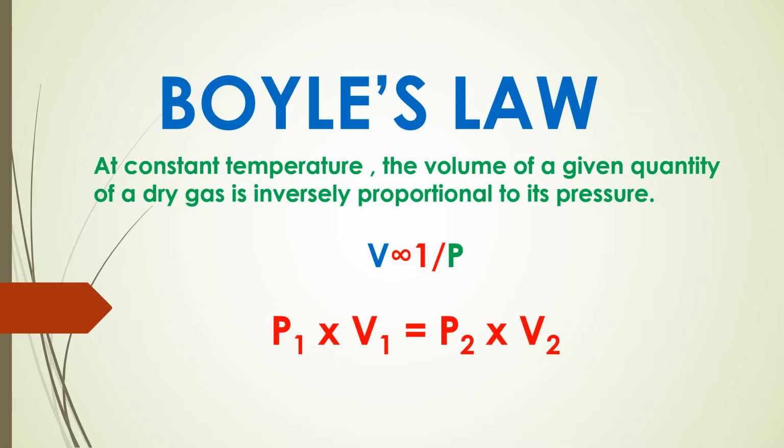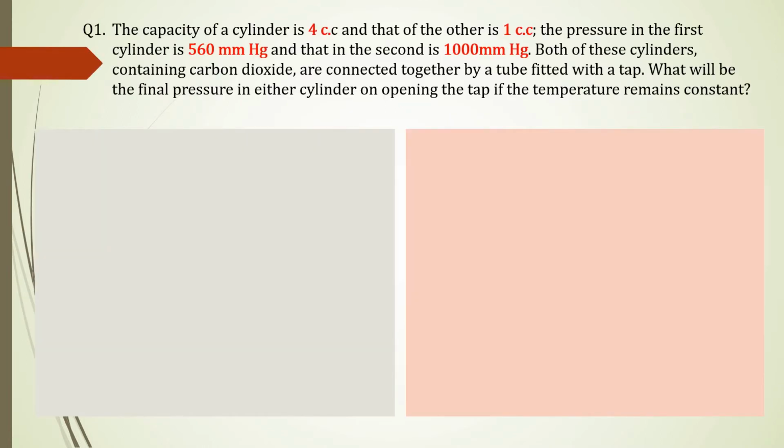So, let us once again try to solve some more numericals. Let's start with question number 1. The capacity of a cylinder is 4 cc and that of the other is 1 cc. So we have two cylinders, one having capacity 4 cc and the other having 1 cc.